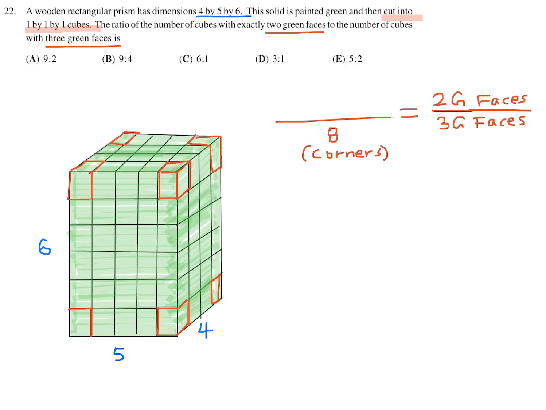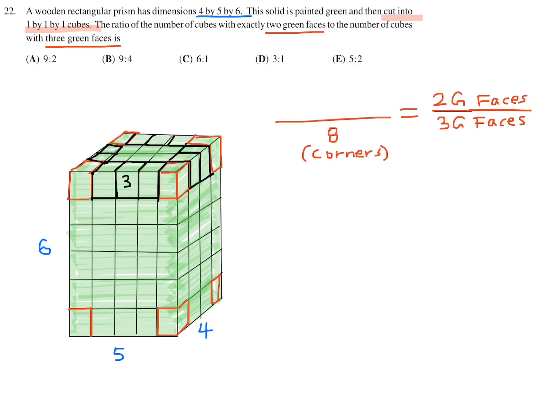Now we get to 2 green faces. So look at this diagram carefully. How many will have 2 green? Well, I think the ones right up there, these ones, will have 2, and you can clearly see that. And then similarly over here on the side, these ones have 2 green faces each, and this diagram will have a lot of symmetry.